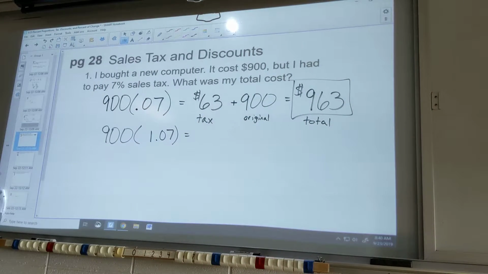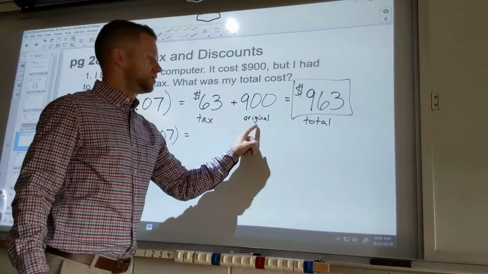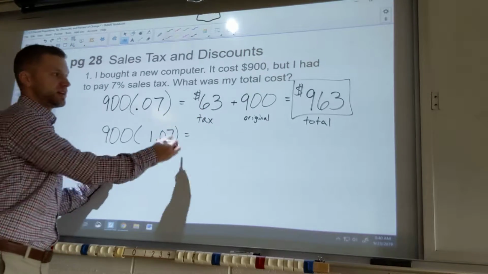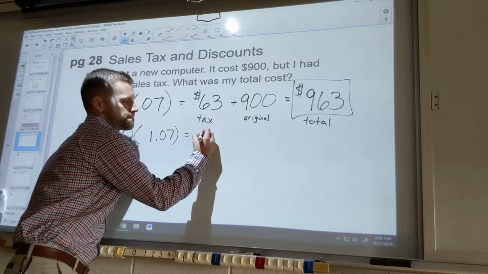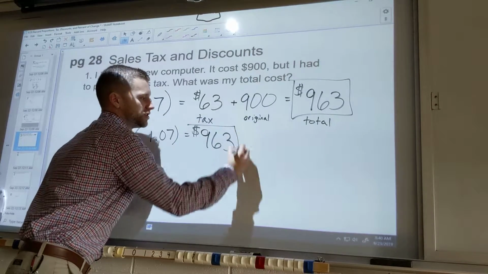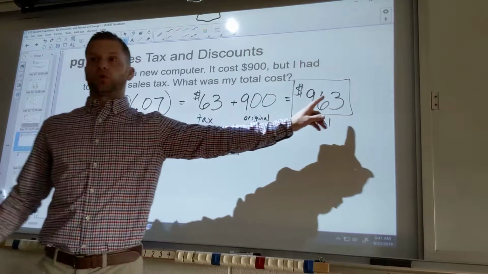So this is the shorter way you can do it, where you're basically saying, I'm going to do times 1, that is the 100%, the actual original price, and an additional 7%. And this is going to spit out an answer of 963, which is just shortcutting to that total price.